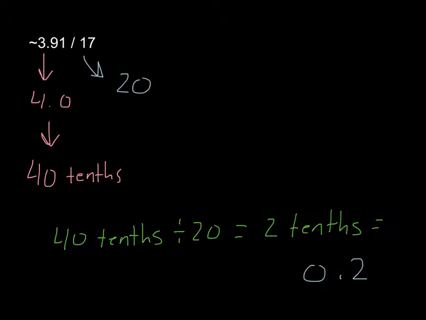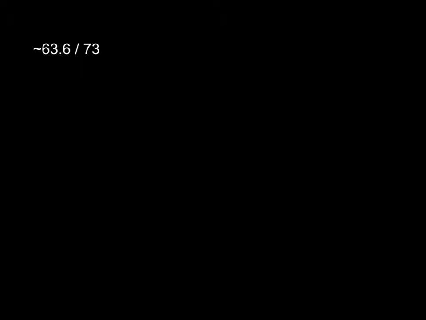Let's try another problem. We have 63 6/10ths divided by 73. What I would do is round 63 6/10ths to 63, and remember that it is the same as 630/10ths.